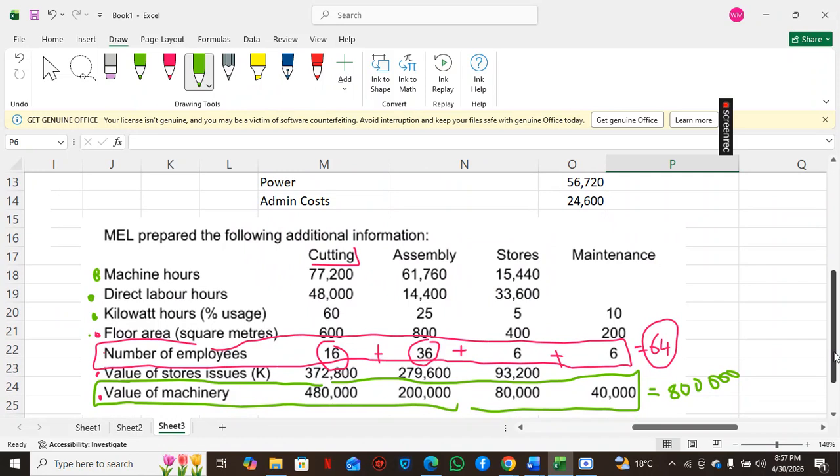Or maybe number of employees, but the security guard is not protecting those employees. So let's use floor area.